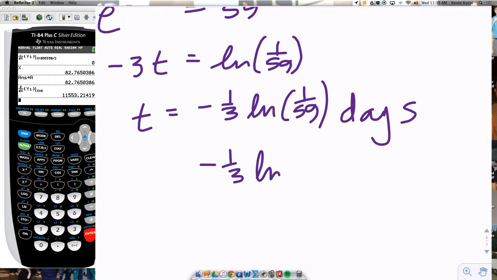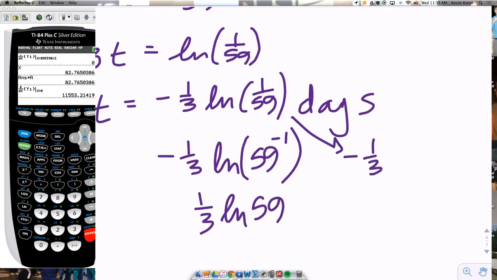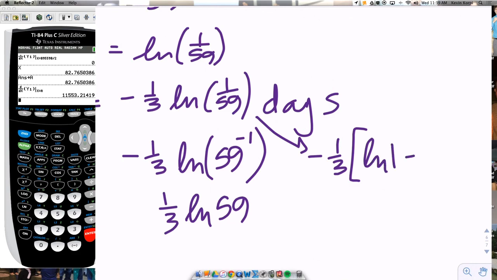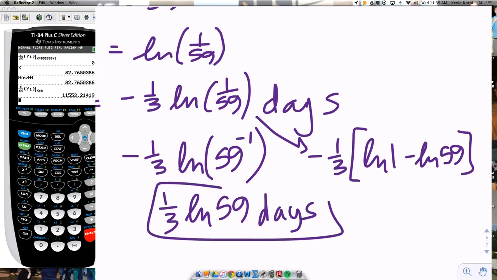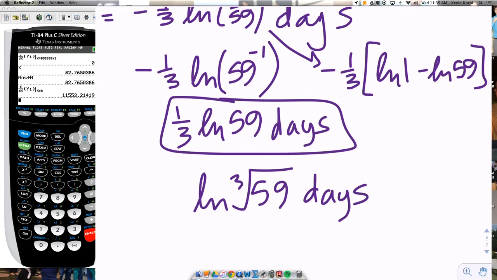You can either say it's natural log of 59 to the negative first power, right? And then do what with the negative 1? Bring it out front and call it 1/3 natural log of 59. Or you could equivalently say it's negative 1/3 bracket, natural log of 1 minus the natural log of 59. And of course, the natural log of 1 is 0, and the negative times negative becomes positive. So this more than likely would be the answer. But again, it could be the natural log of what? The cube root of 59. I don't think that that would show up. But again, it's an option.